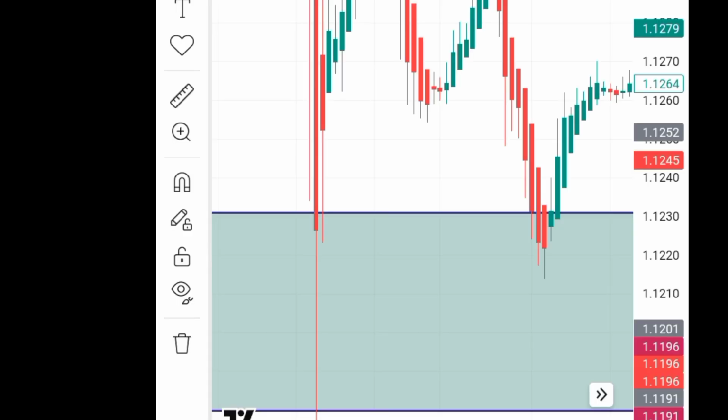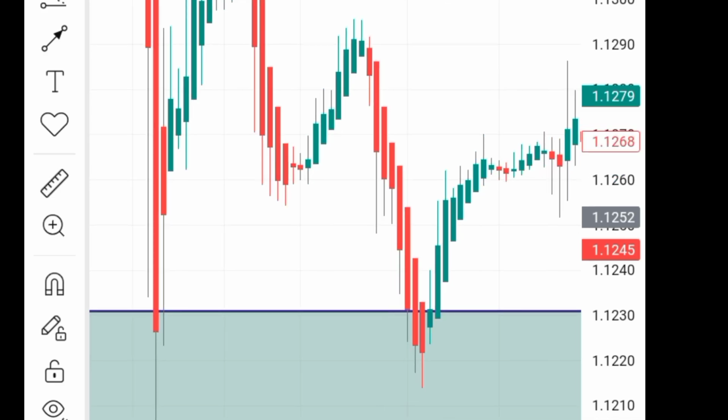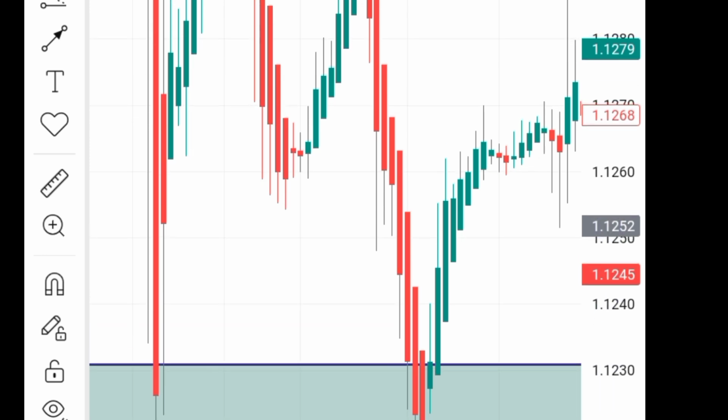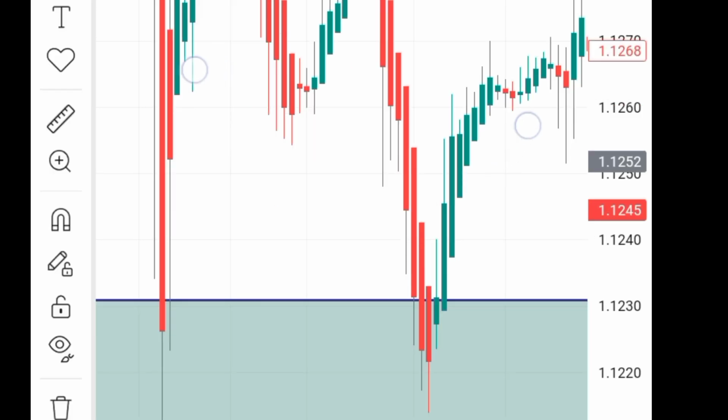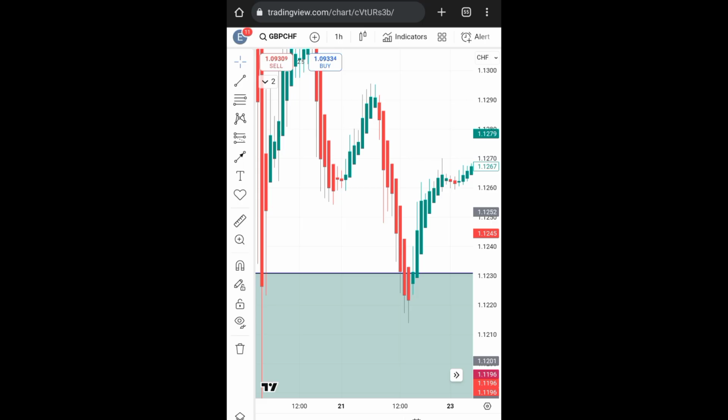If the market comes and closes inside this candle, we need a bullish candle from this zone to the upside. That is what we need. We need an opposite candle from this zone. We don't need it out from this zone. We need it inside this zone for it to appear, for us to take the market to the upside.